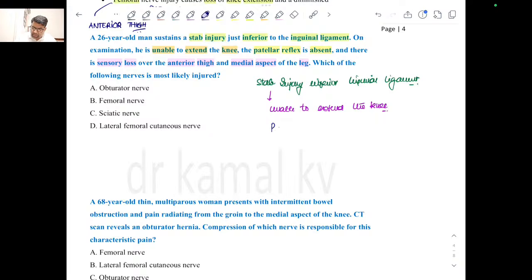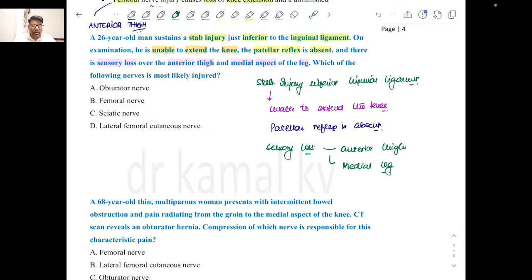Then patellar reflex is absent, and moreover there is sensory loss where? Anterior thigh and medial leg. Now this is all about injury to which nerve?